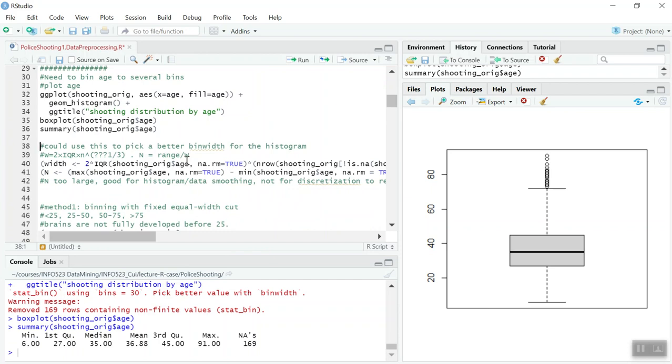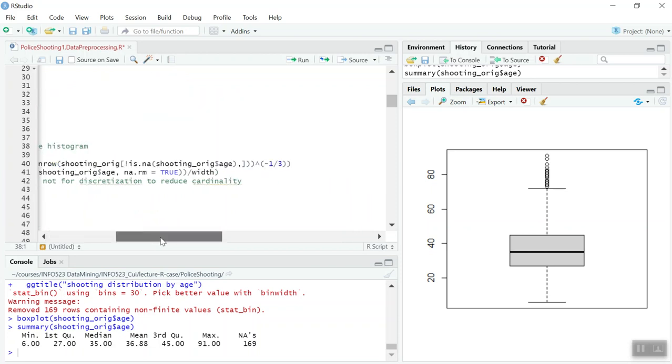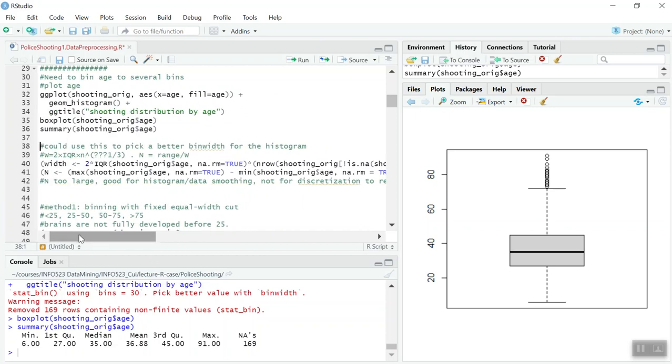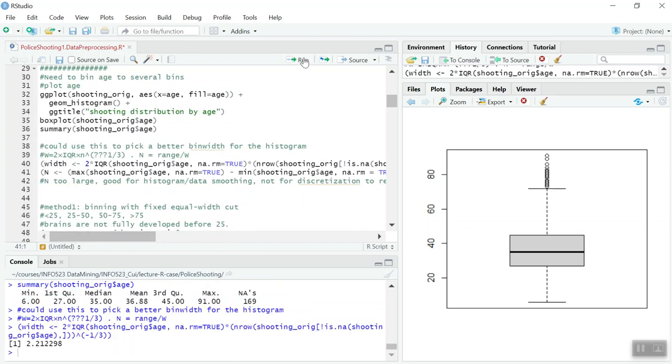So now with this data set, how can we bin this, right? So we could use the heuristic rule. We're going to try that. This heuristic rule that we have introduced in the class, we're going to try that.